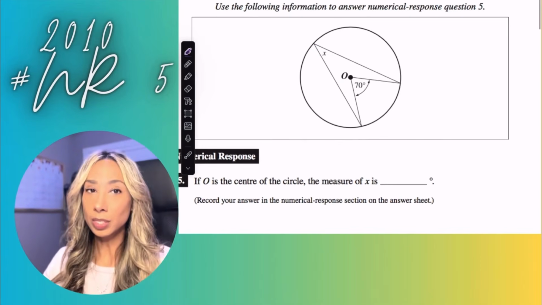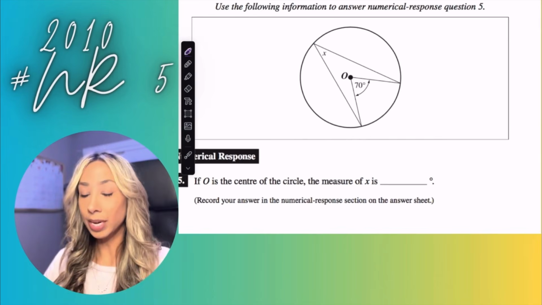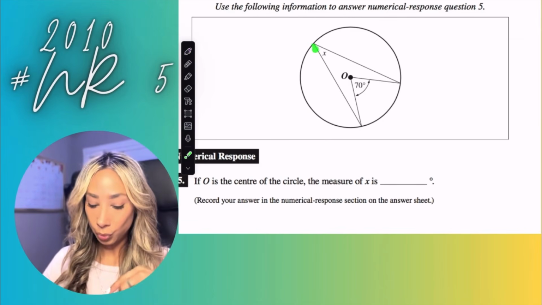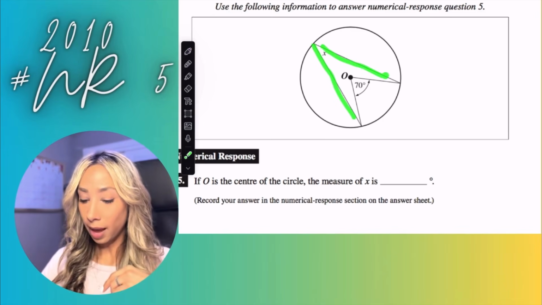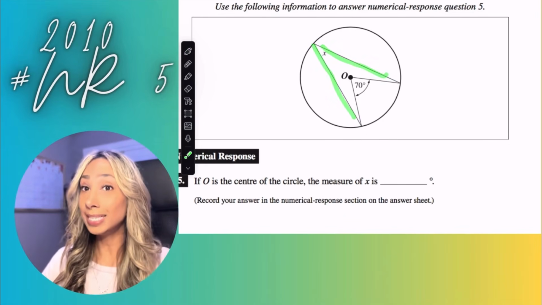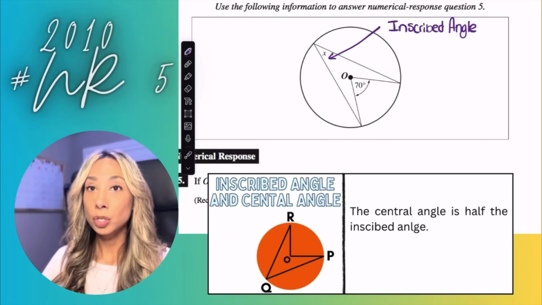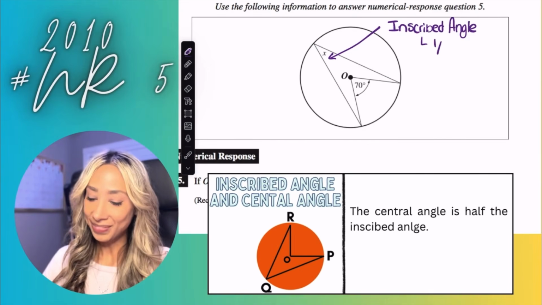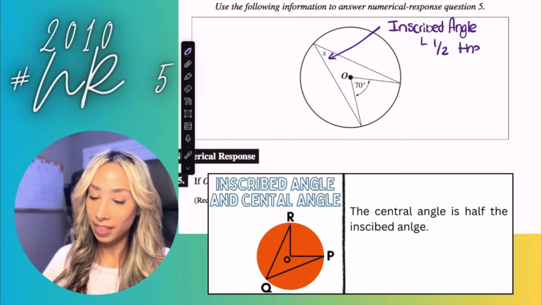So the rule for this one is we have to recognize we have our central angle, which is 70. And then we have two chords that come together to make what's called an inscribed angle. So the rule of an inscribed angle is it is half the central angle.